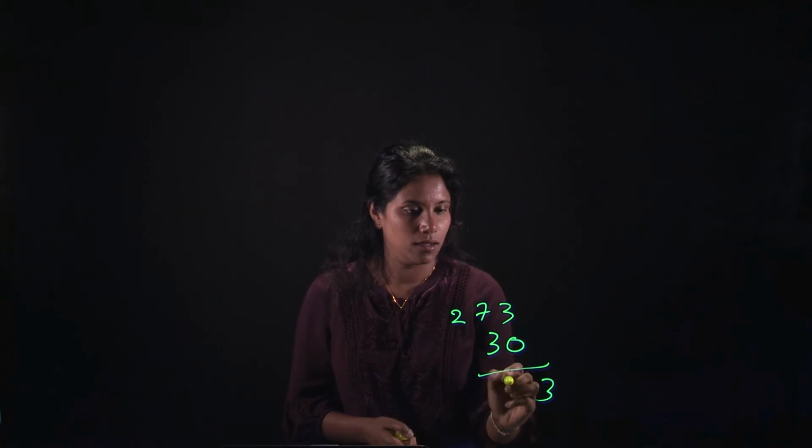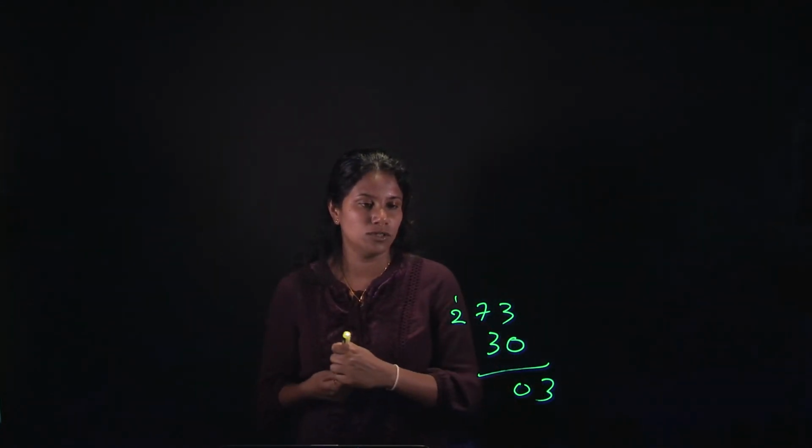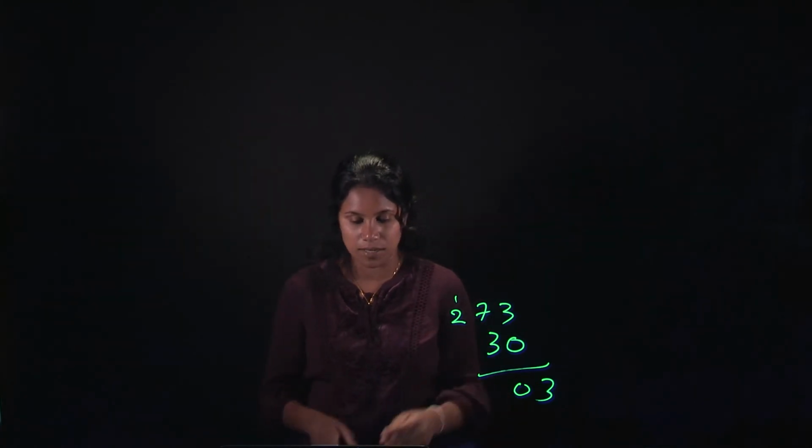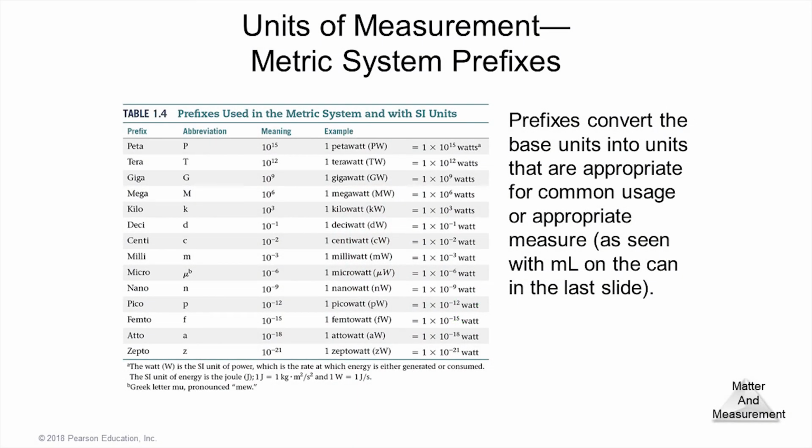You add 30 to 273 and you get 303, right? 303 Kelvin. So that is the Kelvin temperature. Please be familiar with these temperature measurements.